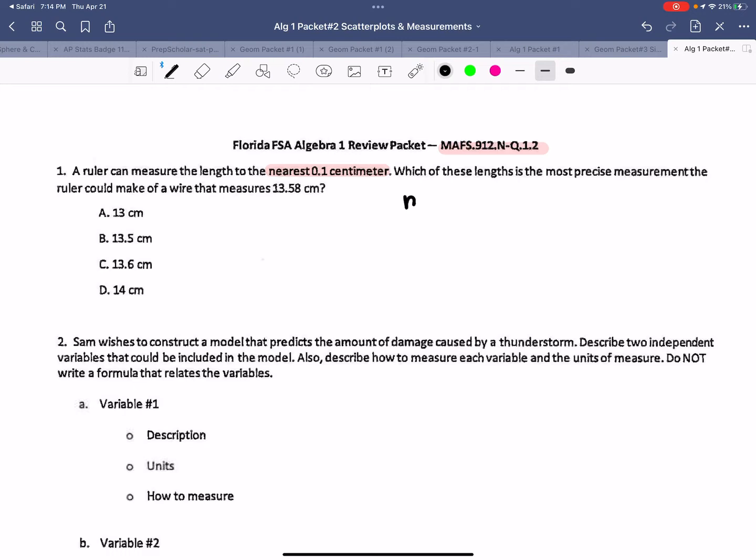So if I could measure the length of my pencil, maybe it would be 4.8 centimeters. That's the nearest 0.1 centimeters.